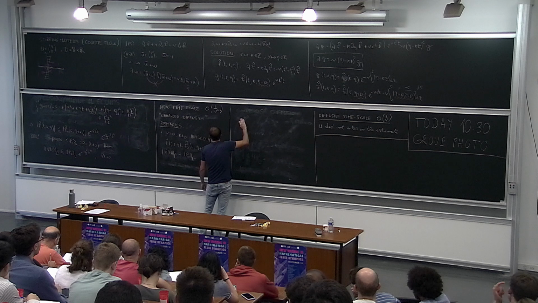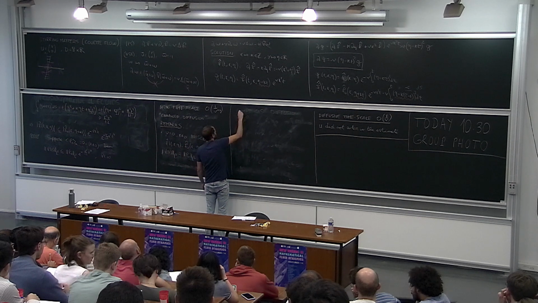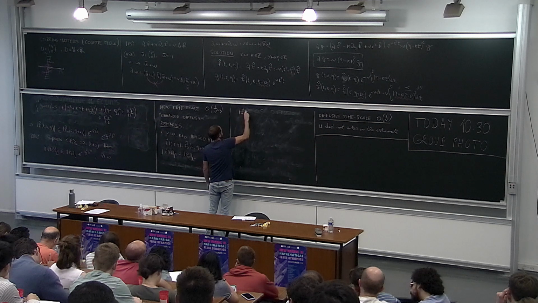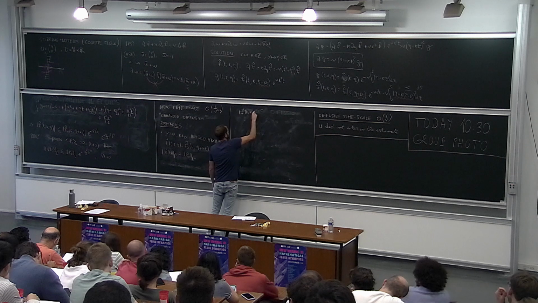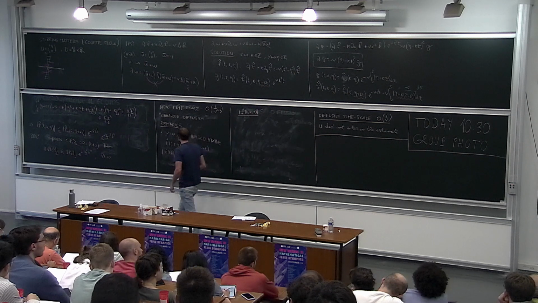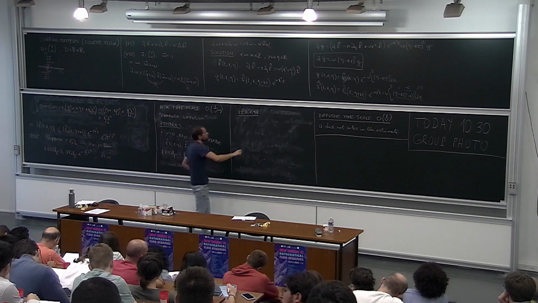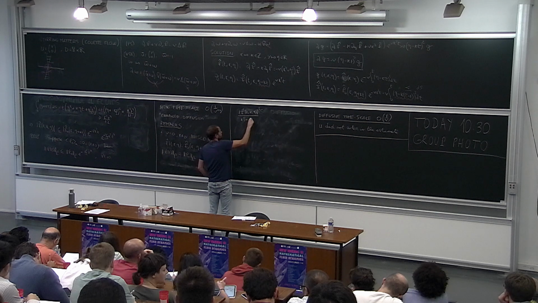So what does it mean that I compute the H^-1 norm? It means that I'm going to look at f hat k of t, k, eta, squared, and I divide by k squared plus eta squared.